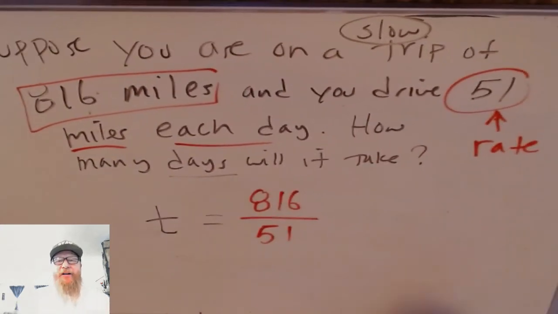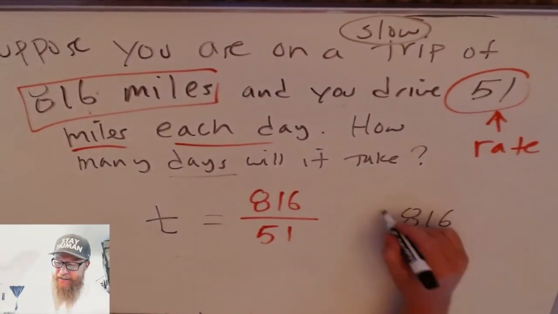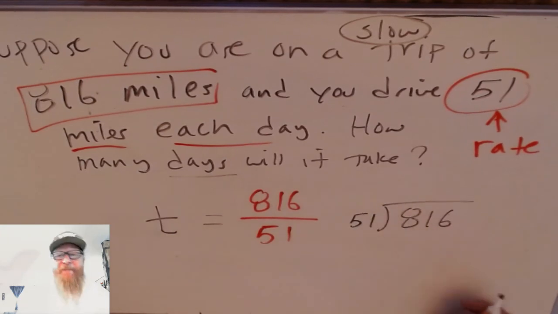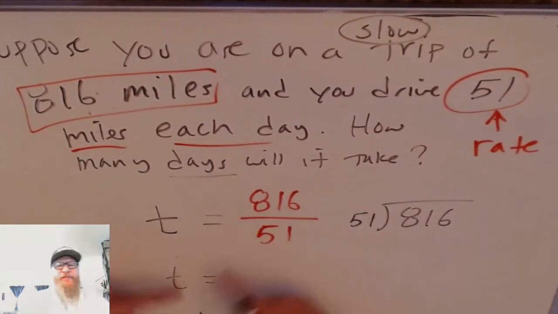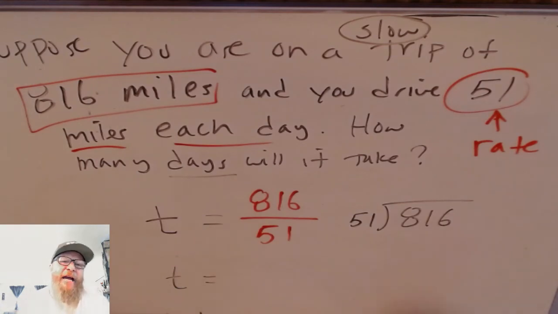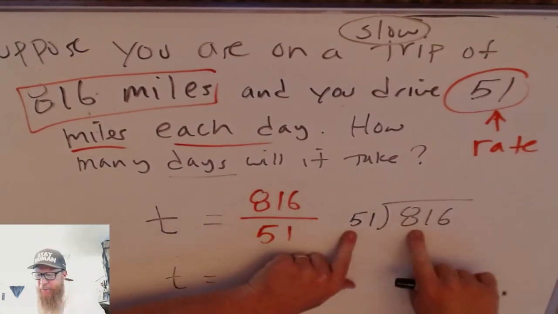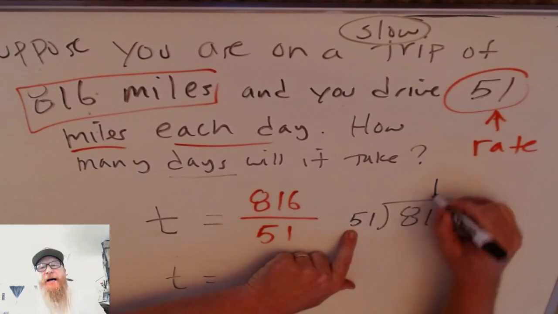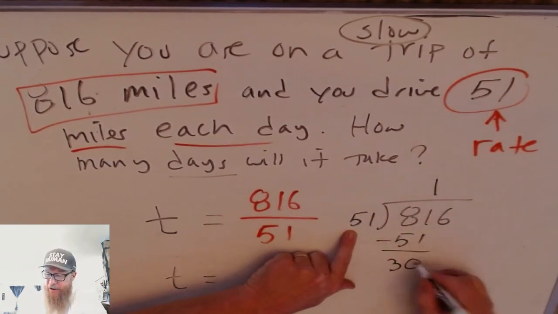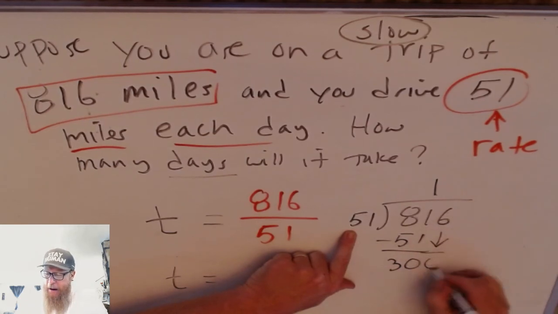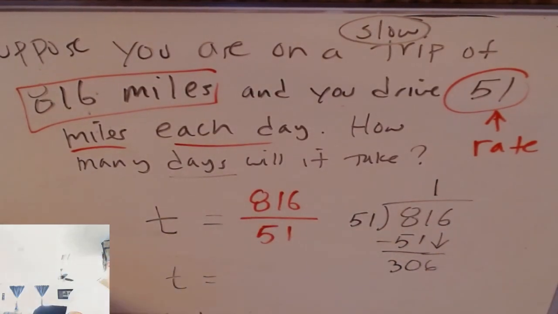So I have 816 as my dividend. 51 is my divisor. And this will tell me the number of days. Time can be measured in days. 51 goes into 81 one time. 1 times 51. Subtract, you get 30. Whew.